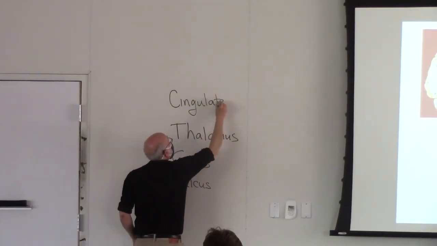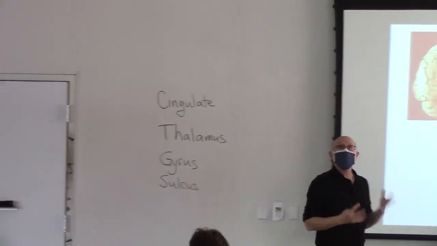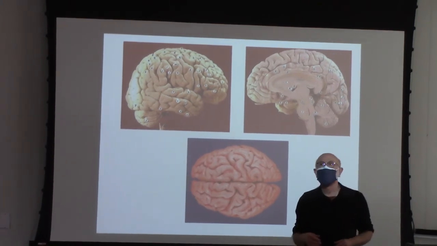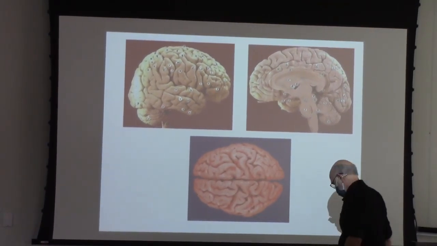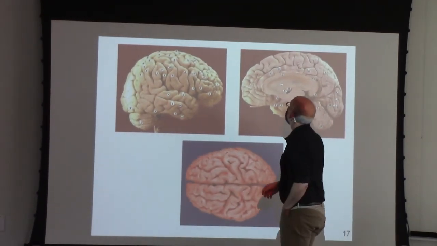It's an important gyrus of the limbic system. It's important for emotion, fear, anger, repulsion, part of the limbic system.